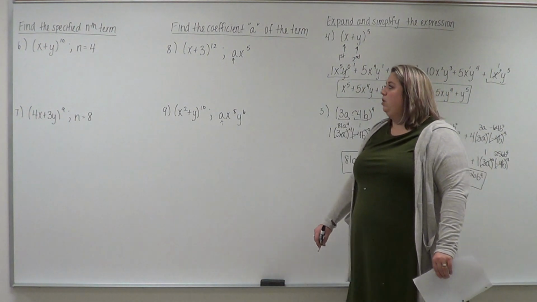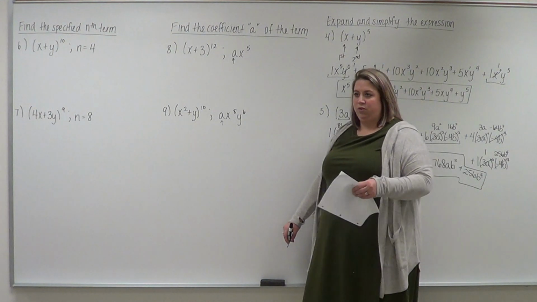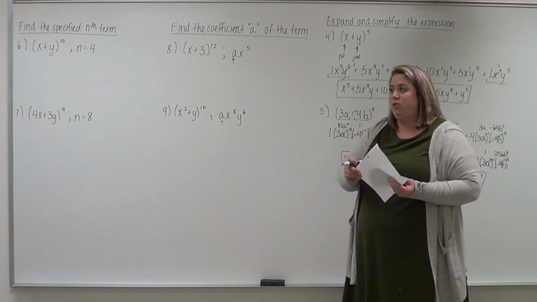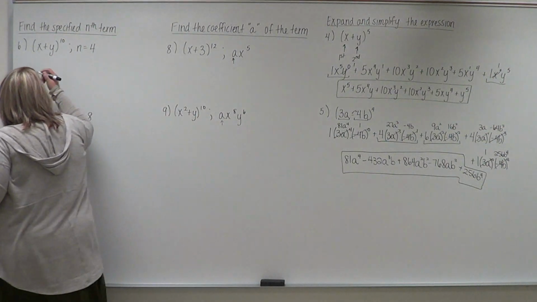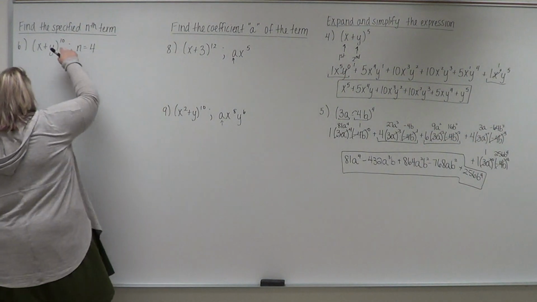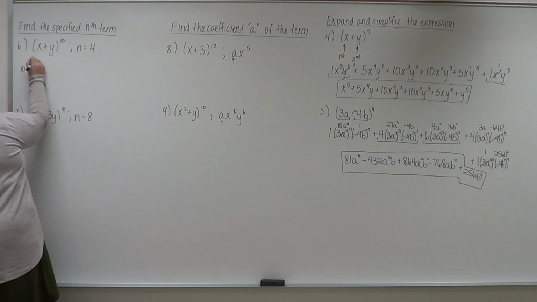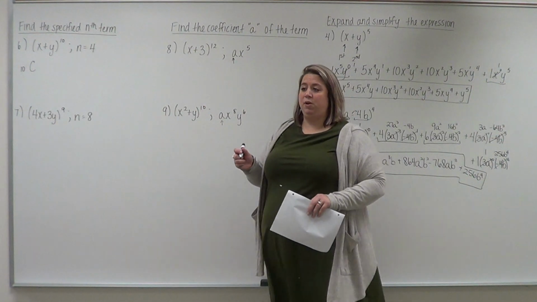Well, the very first thing we want to do is try and find what that coefficient would be in the Pascal's triangle. Okay, so what we're going to do is use our nCr. Alright, so I know the biggest number has to go first. So the first number is going to be whatever this exponent is. Okay, and I'm not going to use 4, I'm using what the fourth term is.